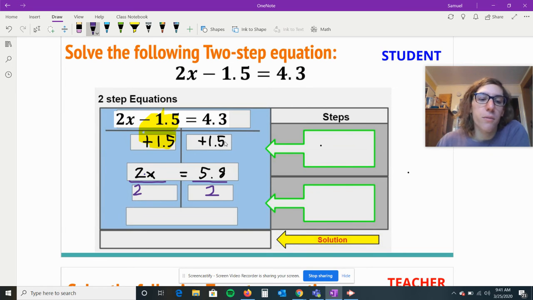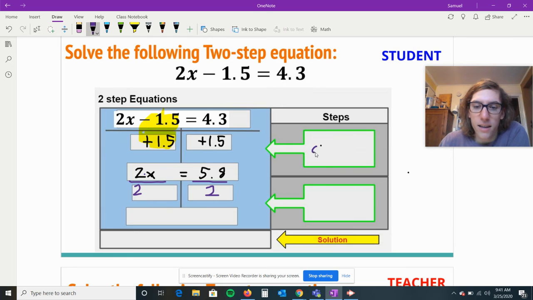It'll be that way from now until forever, until high school, whether you do something in college, or in the real world. If you need to set up a quick equation, you have to do the same thing to both sides. Otherwise, you're going to be getting wrong answers. You won't get right information. So if you're building something, your lengths are not going to be right of your wood or whatever you're working on.